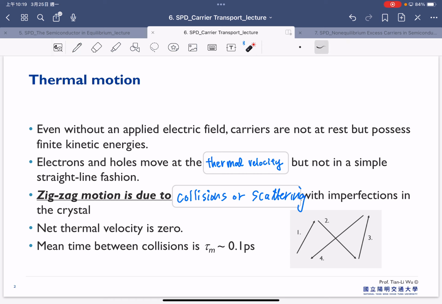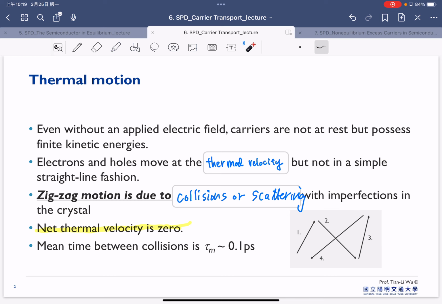This is because, for example, there are imperfections in the crystal, which cause the carrier to collide or scatter. But the net thermal velocity is zero, so in general it still looks like it doesn't move. The mean time between collisions is around this time order.